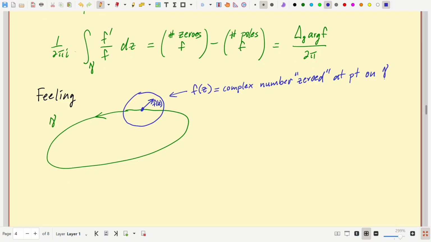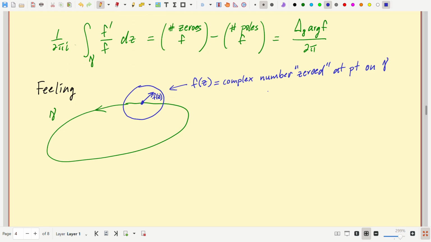And I count the number of times it spins around. Walk around gamma. Count the number of times f of z spins around.